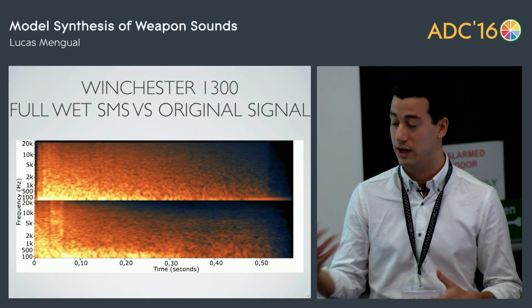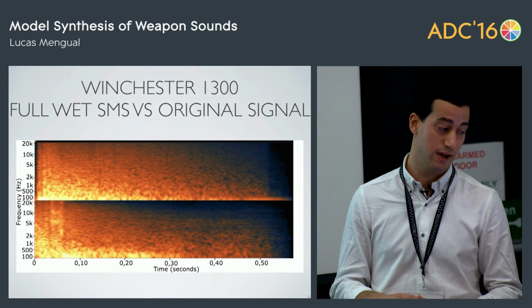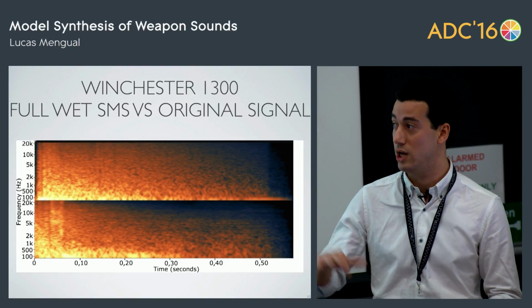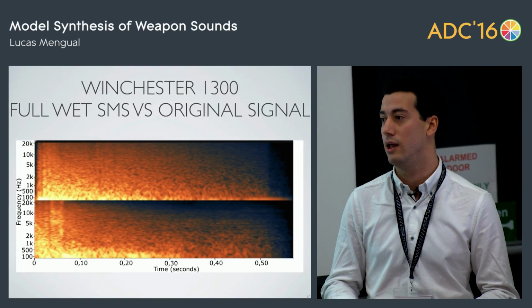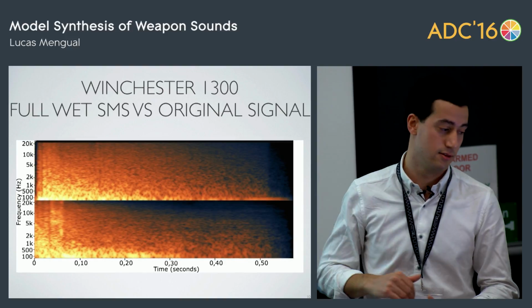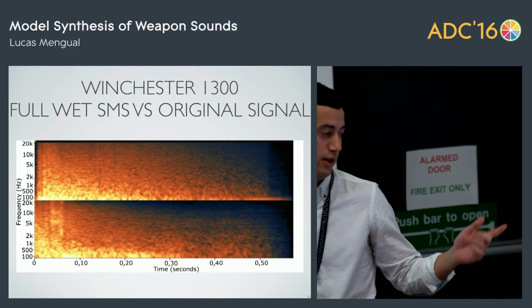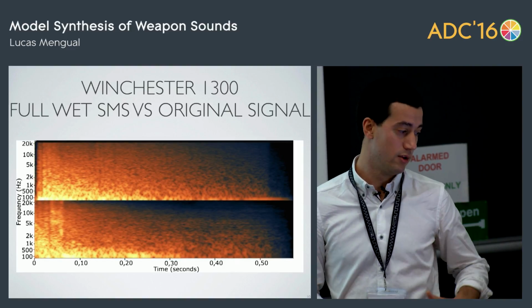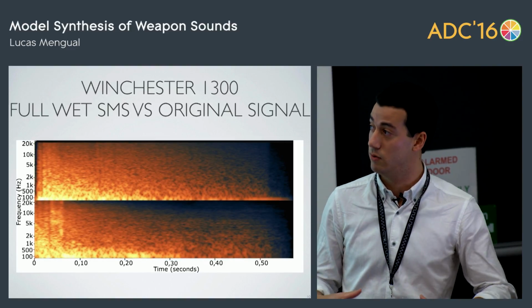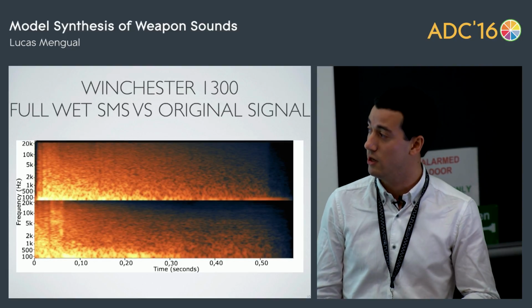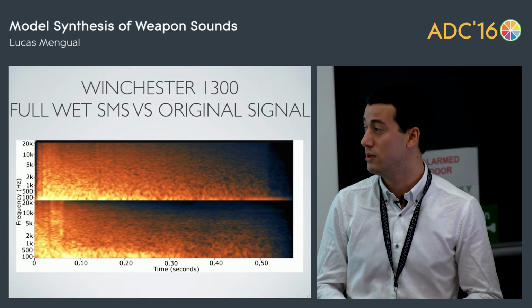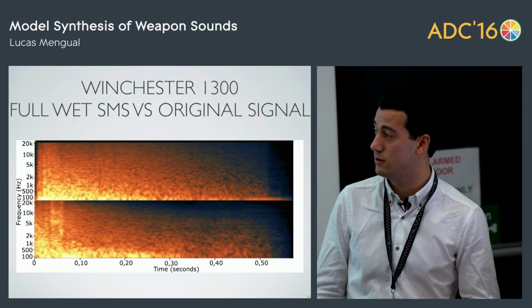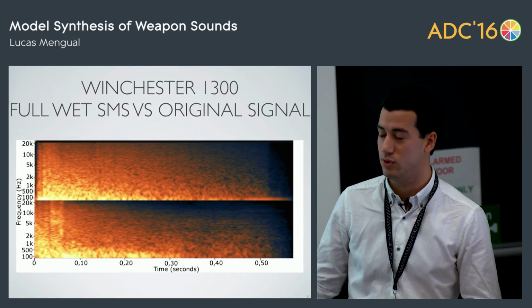I captured the energy levels, and I used the amplitude envelope to shape different energy levels in the frequency bands. You can see that from around 500 hertz and below, there's a lot of low frequency energy, and it lasts about 0.3 seconds.